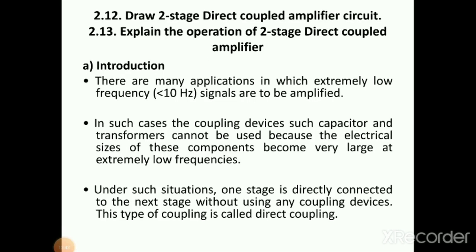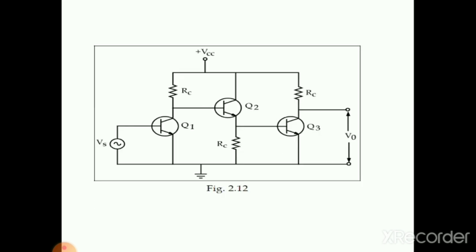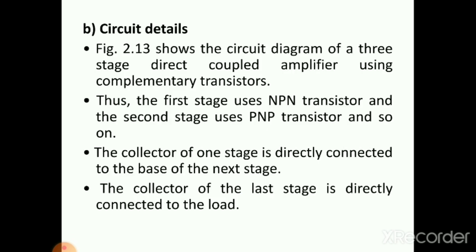First we have seen about the two-stage RC coupled amplifier, which is used for very low frequency signals amplification. It has particular types of applications. See the circuit diagram: 3-stage, Q1, Q2, Q3. Output is connected to the input of the second stage that follows, and we use the complementary NPN and PNP for thermal stability.